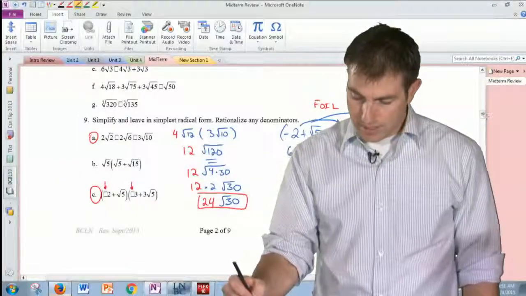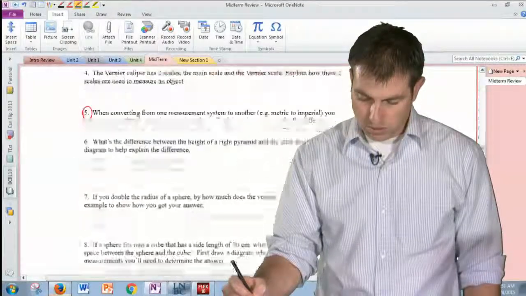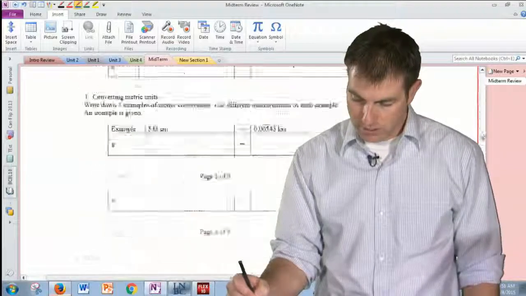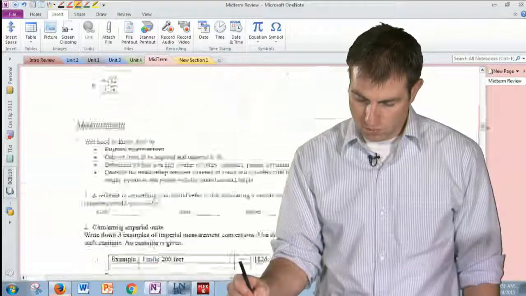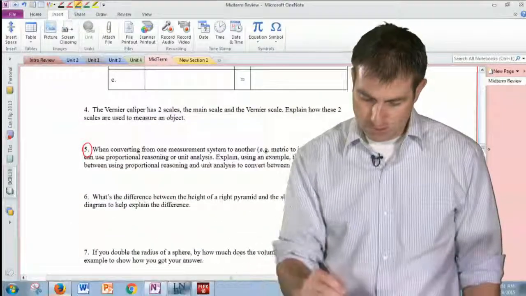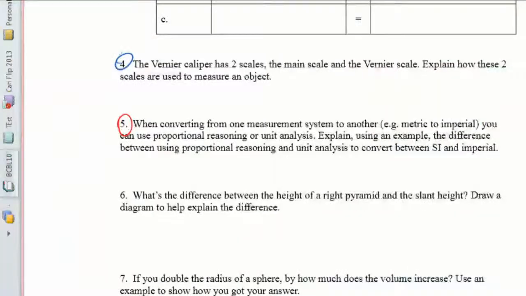So that was 9. I think there was another question that I missed. I think page 4, number 4 and 5. The vernier caliper has 2 scales, the main scale and the vernier scale. Explain how these 2 scales are used to measure an object. Okay.